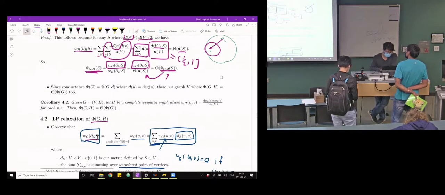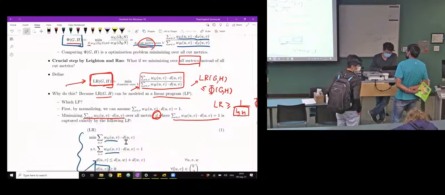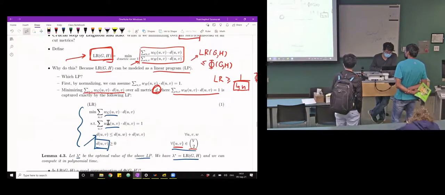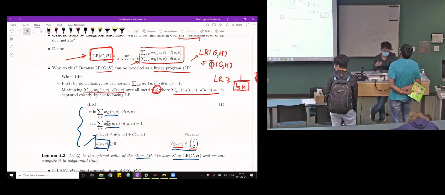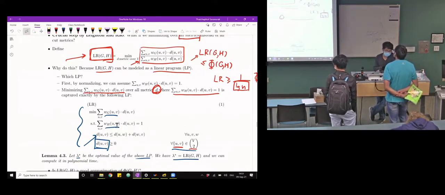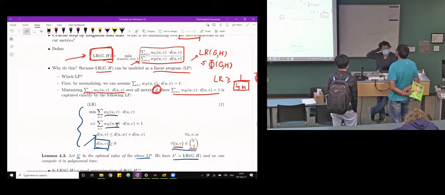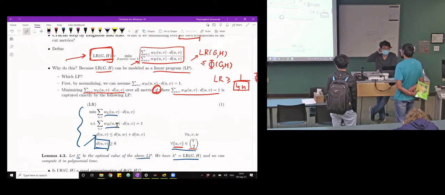It's just that in the LP you will have this anyway, and I just feel that it's a bit easier to write it down like this. Yeah, I see.